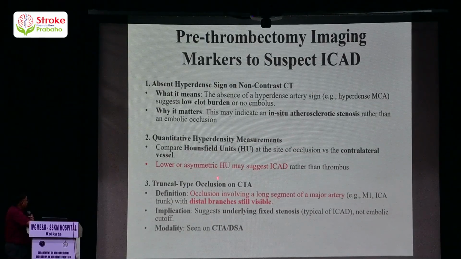If there is a lower or asymmetrical Hounsfield unit, then possibly it suggests intracranial atherosclerotic disease. And if the occlusion is a truncal type, a long type of occlusion, then possibly it indicates intracranial atherosclerotic disease. This occlusion involves a long segment of a major artery with the distal branches, but the distal branches are still visible.